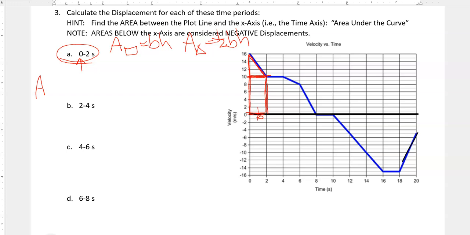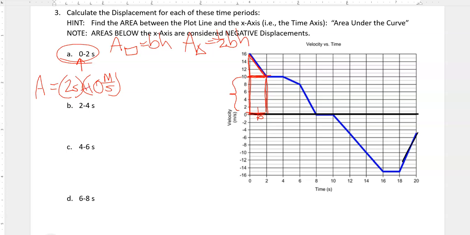So our total area is going to be our rectangle area, which is 2 seconds wide. And if we look at it, it is 10 meters per second high.